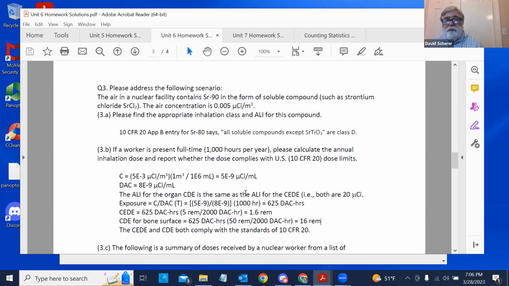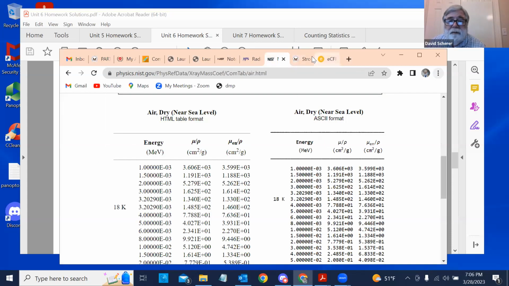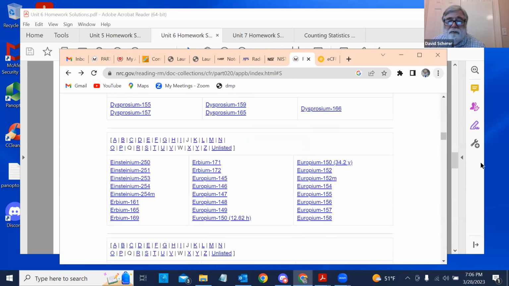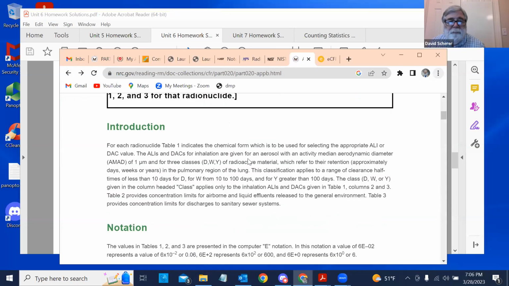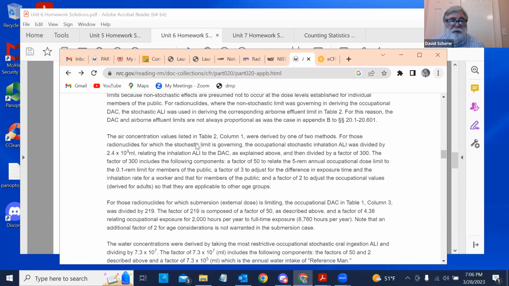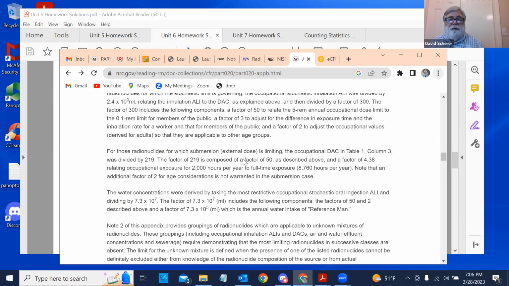The other approach to solving this problem: the breathing rate is specified in 10 CFR 20, in the footnotes for this table. One more back, I think. When you go to the table, it tells you here what the breathing rate is. So if you don't remember, you can go here and look up what breathing rate is used.